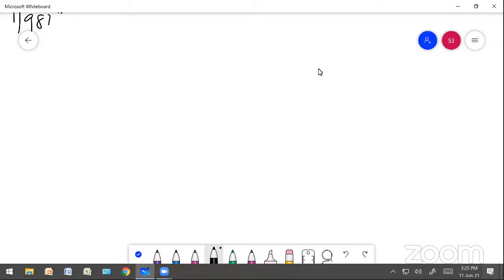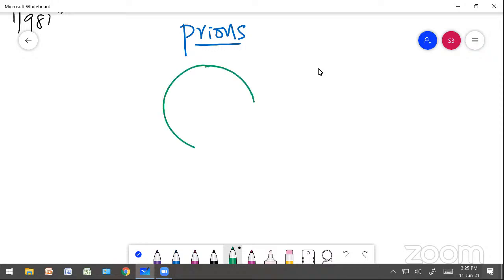It is a prion. Prions are only proteinous substances, with absence of nucleic acid, only capsid is present.